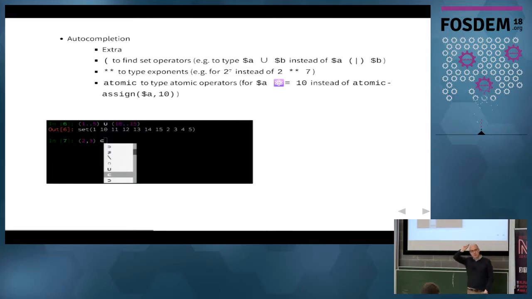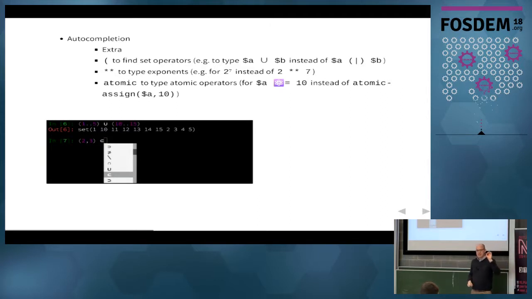Similarly, superscripts in Unicode behave like exponents. So if you don't want to do star star, you can type star star and hit tab, and then it'll be easier to enter Unicode exponents. Then there are the atomic operations. One of the cool features of Perl 6 is the threading capability. It's very easy to start multiple threads that are using the same variables.